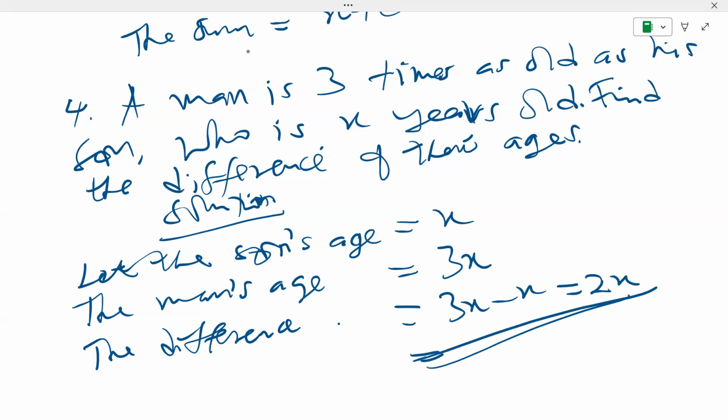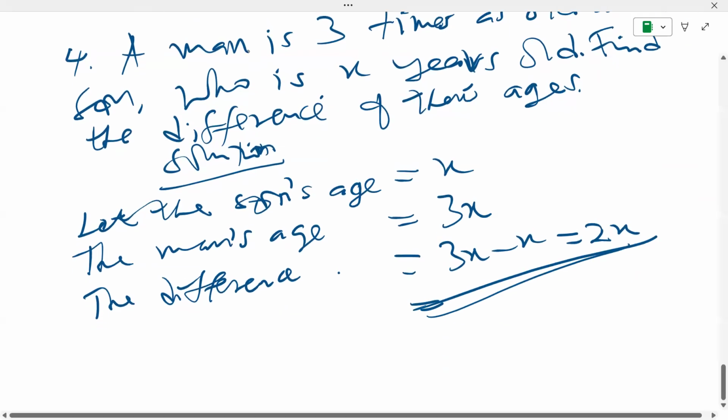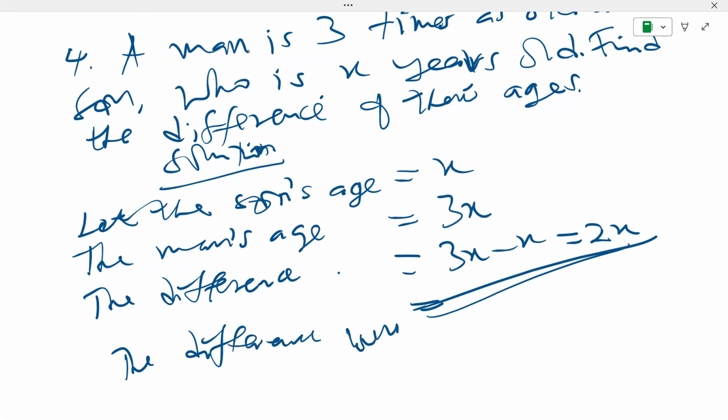So we shall get 2x for the man's age, so their difference will be 2x years. The difference will be 2x years. Right. So that does it for this.